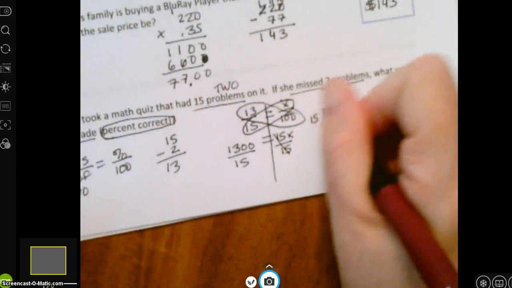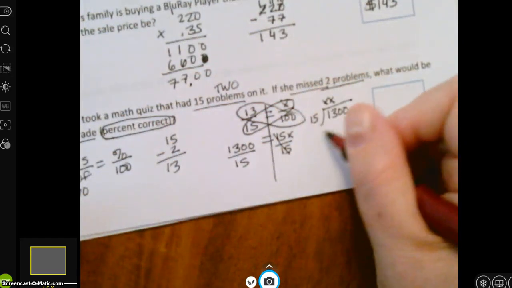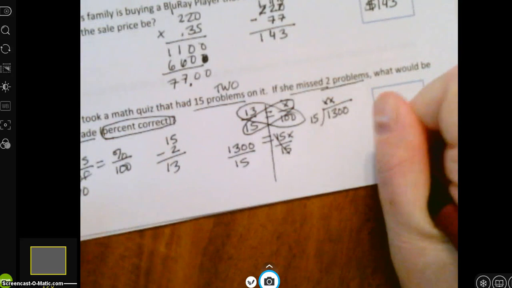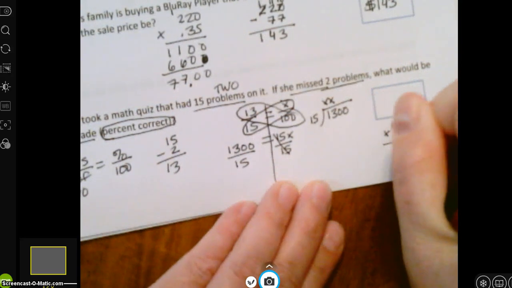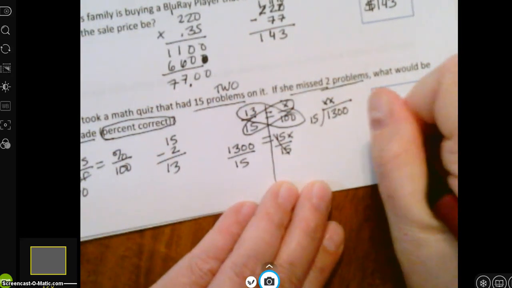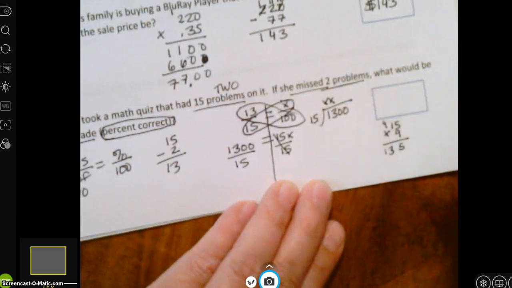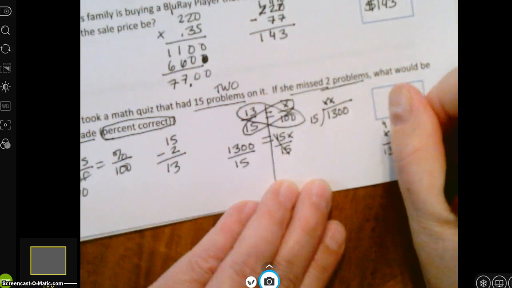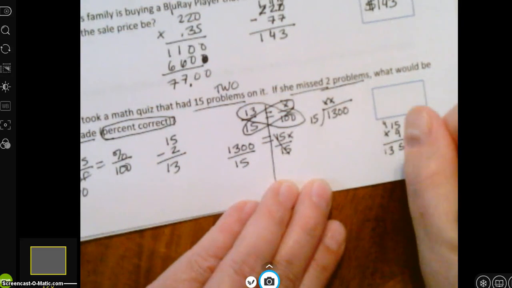So 15 into 130, well, I know 15 times 10 is 150, so that's pretty close. So let's just try 15 times 9, 45, carry the 4, 135, too big. 15 times 8, 40, 8 plus 4, 120.